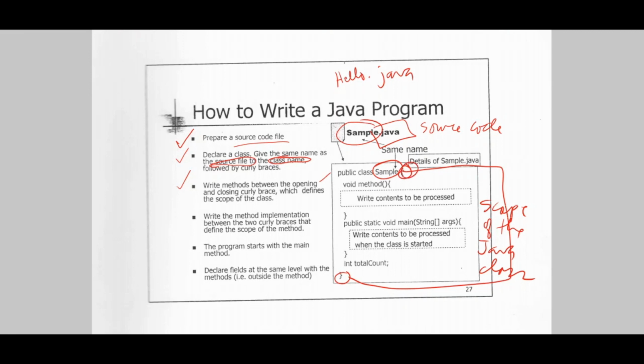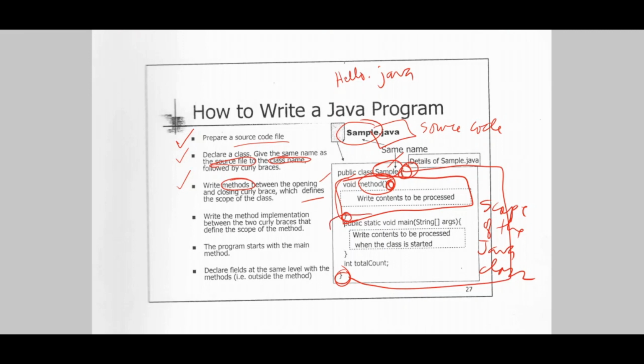Inside this, you write methods. In this case, for this Java class sample, we have one method, as defined by the open curly and the close curly. This is the first method.